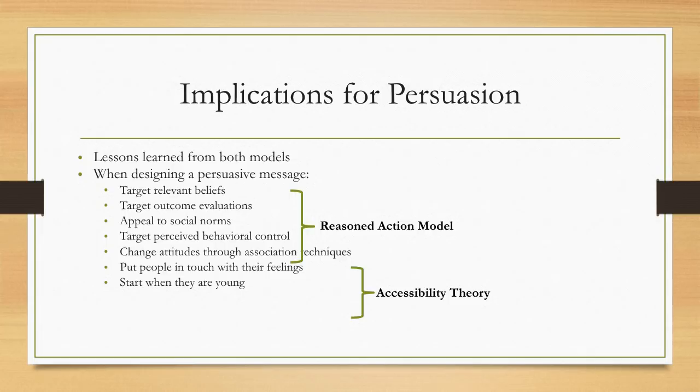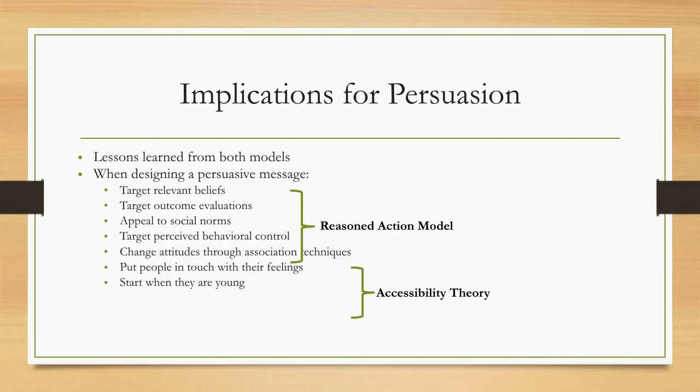And then accessibility theory gives us the other 3. So the reasoned action model basically tells us to target relevant beliefs, to target the outcome evaluations, to appeal to social norms, and to target perceived behavioral control.